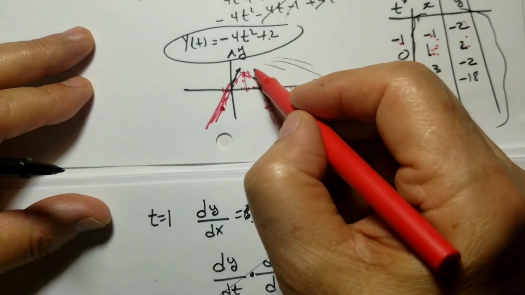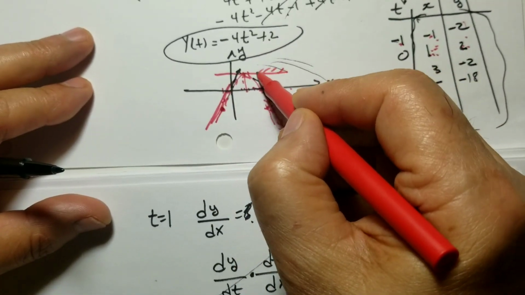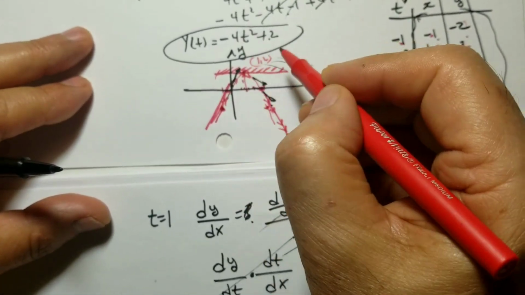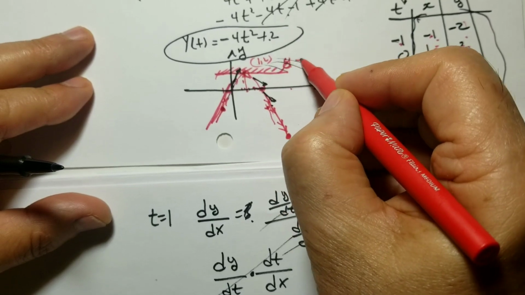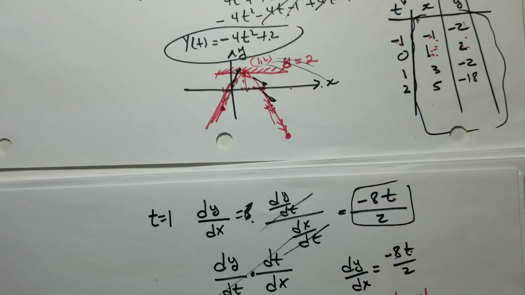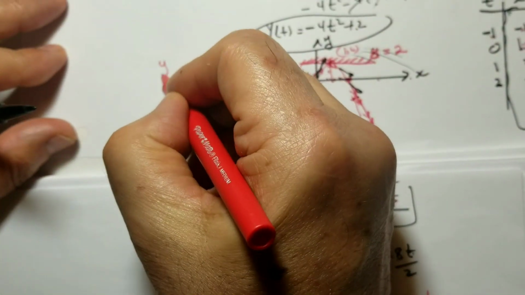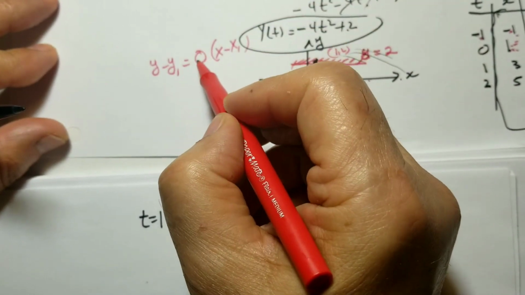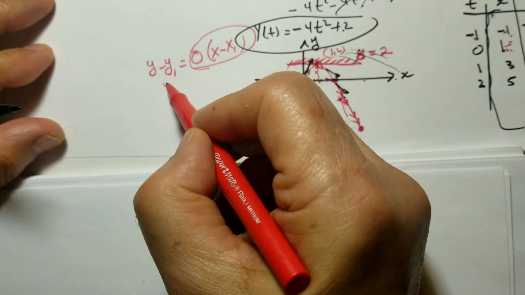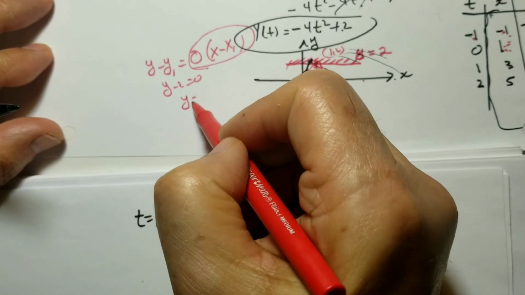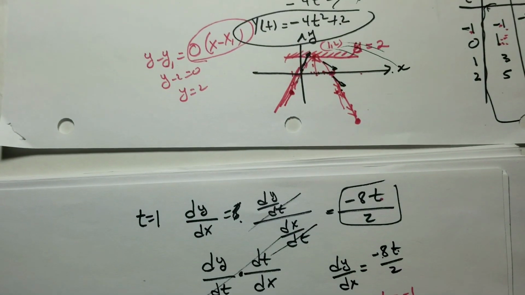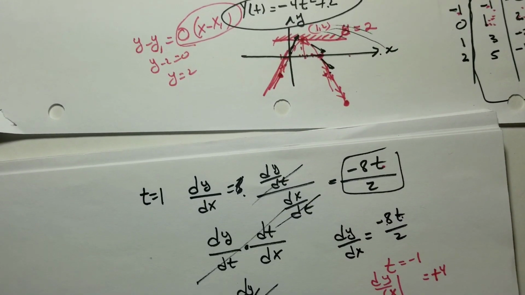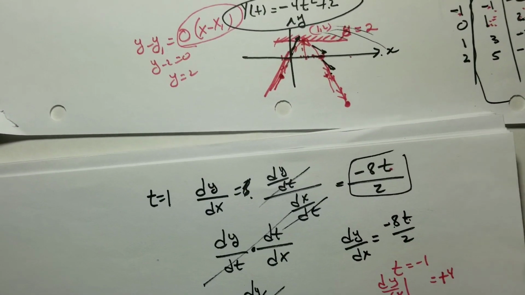Oh, where is 1 and 2? It is your vertex. And the slope is 0. And this is the point of 1 and 2. What is the equation of a tangent line? It is a horizontal line, y equal to 2, because your slope is 0. And when a slope is 0, make the whole thing 0, and it is y minus 2 equal to 0, y equal 2. Therefore, you know I can use the first derivative to be able to find the slope of a tangent line.